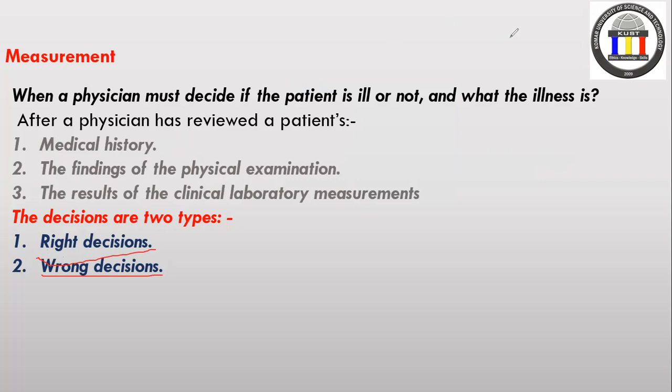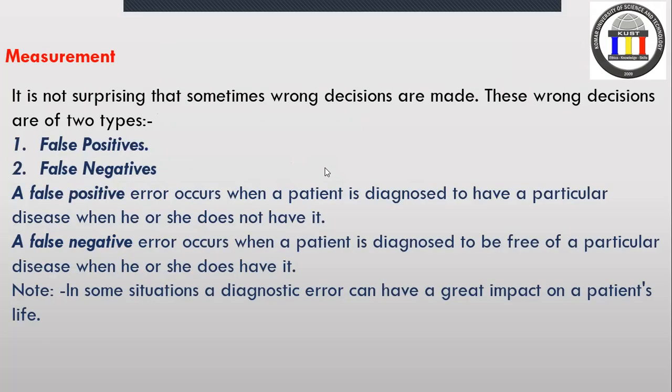However, things will be more interesting if the doctor makes the wrong decision, and that's fine, that's totally fine. Doctors, depending on the measurement, can make a wrong decision. The wrong decisions are the false positive and the false negative, these two types of wrong decision that we have.